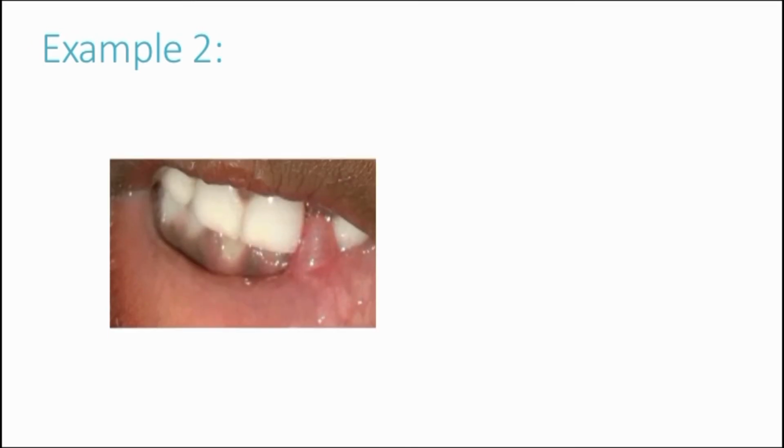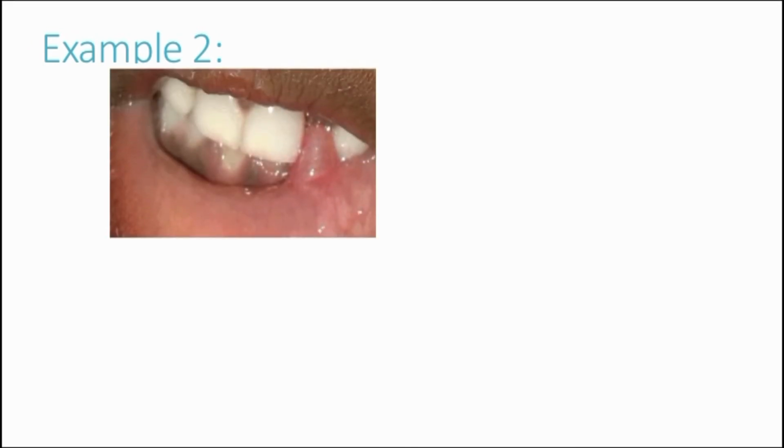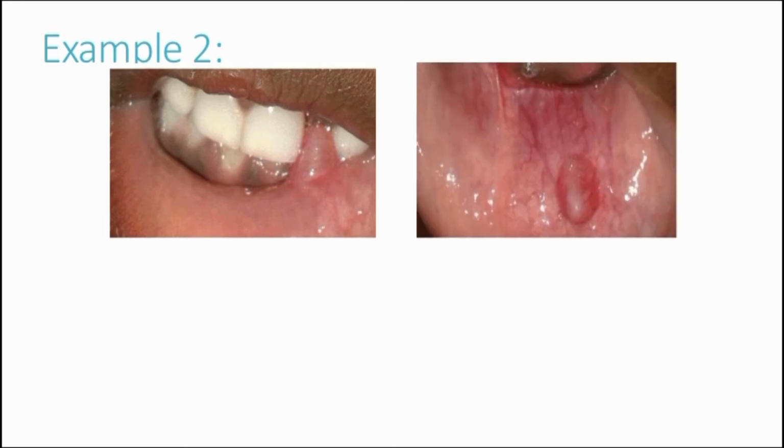Second example, we have a patient with a lip sucking habit. On examination, a localized intraoral swelling was noticed on the left side of the lower lip.